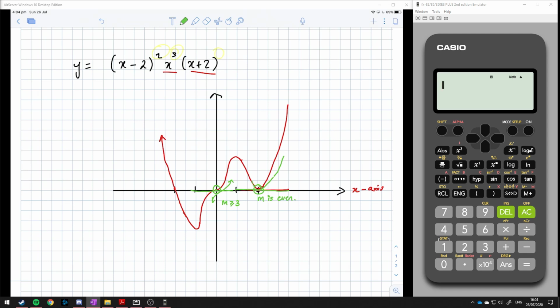This point here and this point here would also be stationary points, because they get to a point and stop, and then go back the other way, or the rate of change comes to 0. So that's a pretty quick example of how that works.